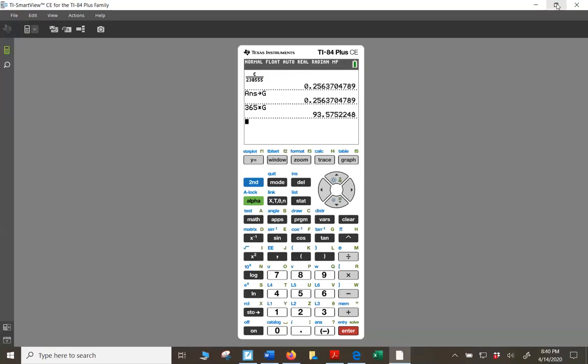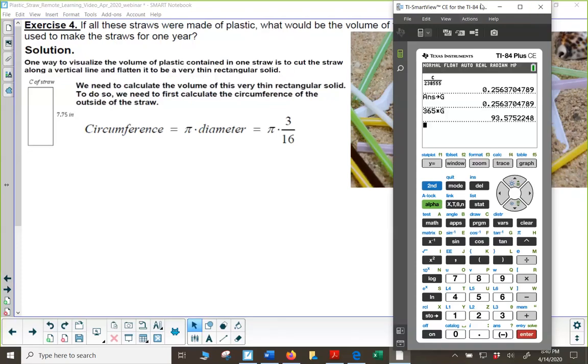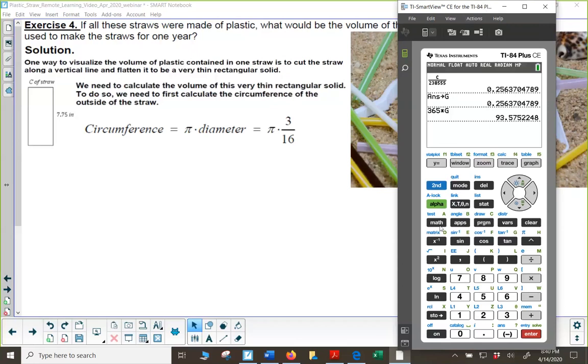So I'll bring up my trusty 84 here, whatever calculator I'm using, and multiply pi, not 3.14, but I want to use all the significant digits I can get so that everybody's getting the same answer, times, and then I can do my fraction template, 3/16. And enter.